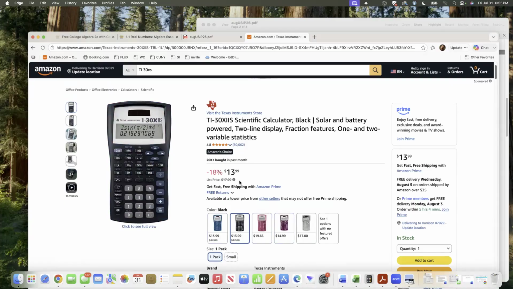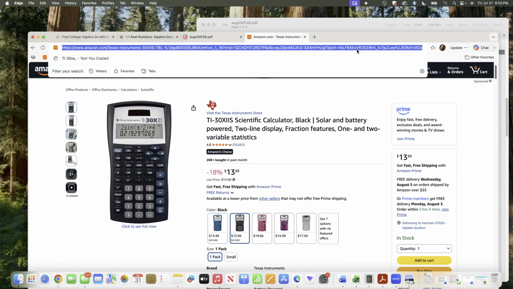Now, does it have to be a Texas Instruments scientific calculator? No. You could use any scientific calculator.